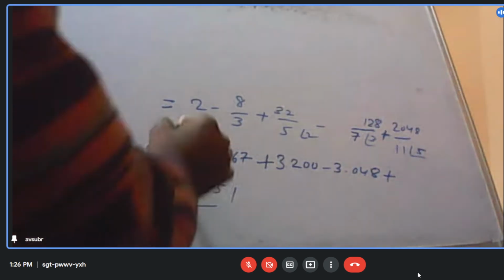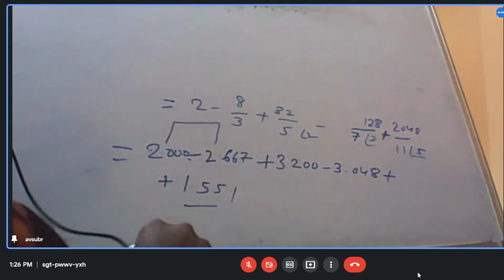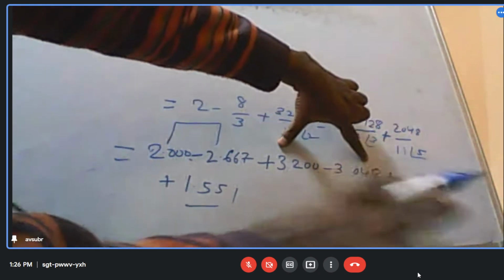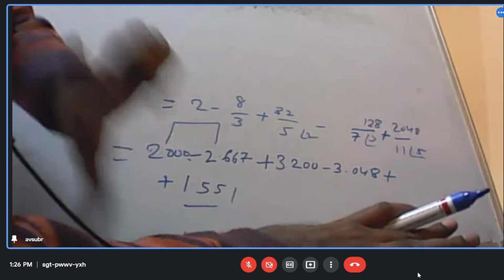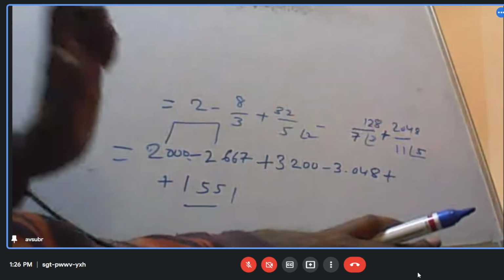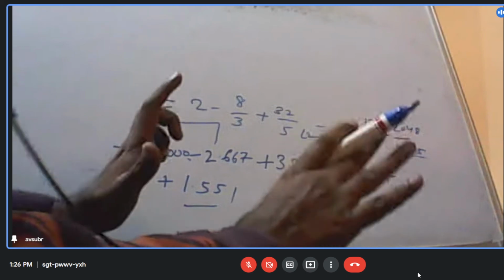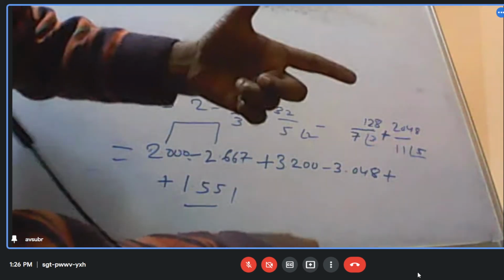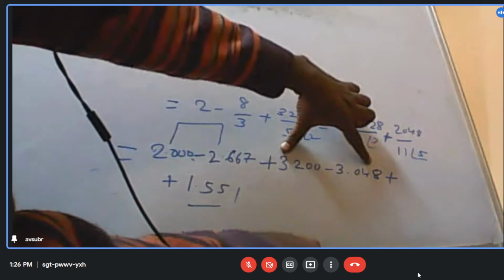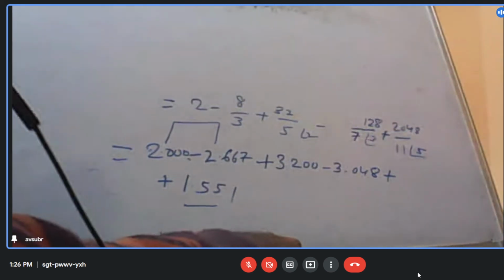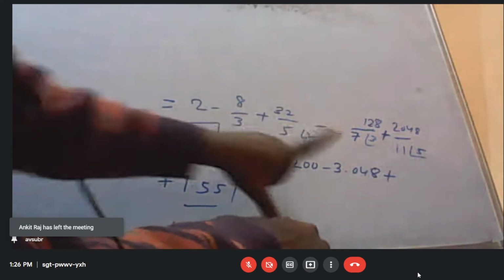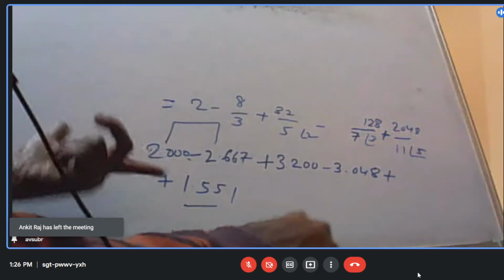For example, if I take these 2 terms only, this also is approximately equal. If I take into consideration that this much error is okay for me, then this can be cancelled out, isn't it? Yes, sir.